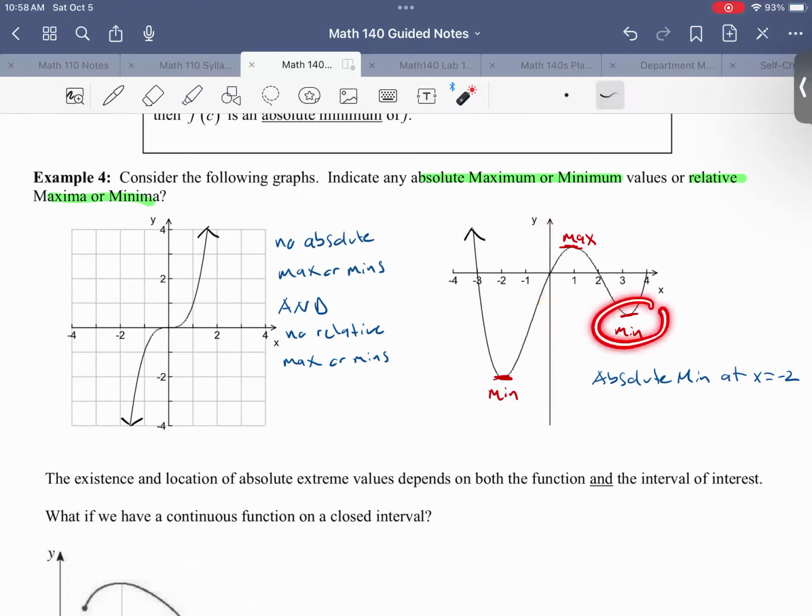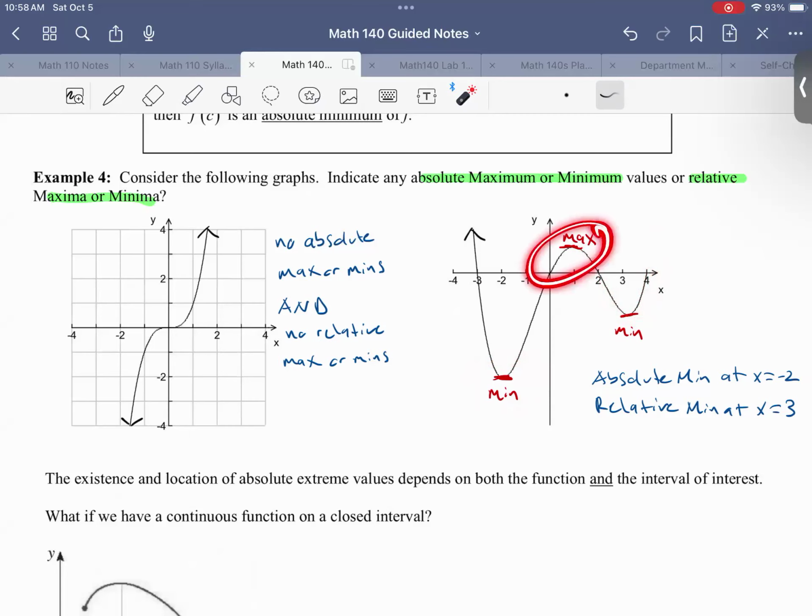So that means this min right here, at x equals 3, is going to be a relative min. That's because from here to here, that's a min relative to where it's at. But in terms of absolute, this is the absolute min.